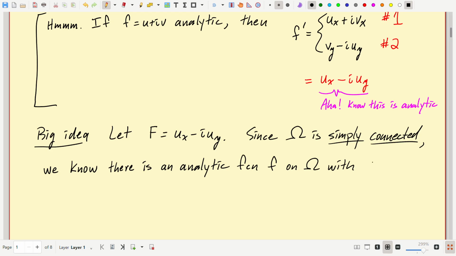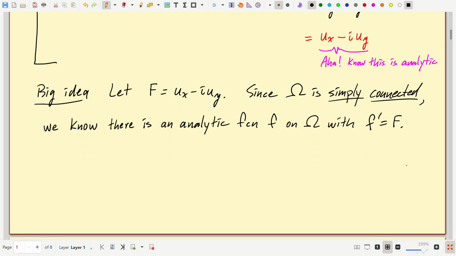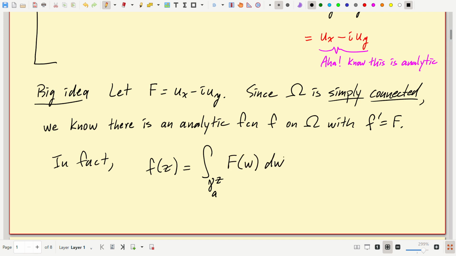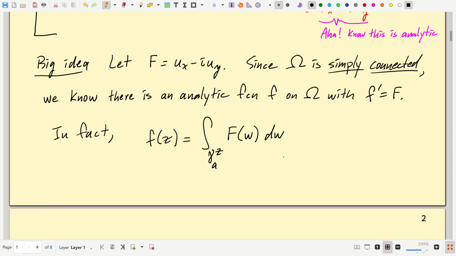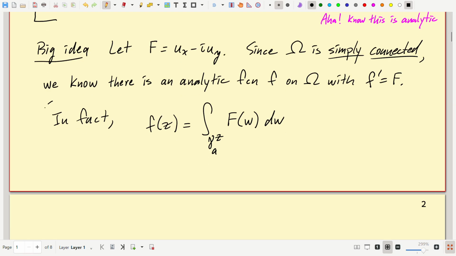In fact, we knew how to construct it. I can define f of z to be an integral along any old curve that starts at a fixed point A and goes to z of F of w dw. I guess that's just a remark. I don't have to care about that.